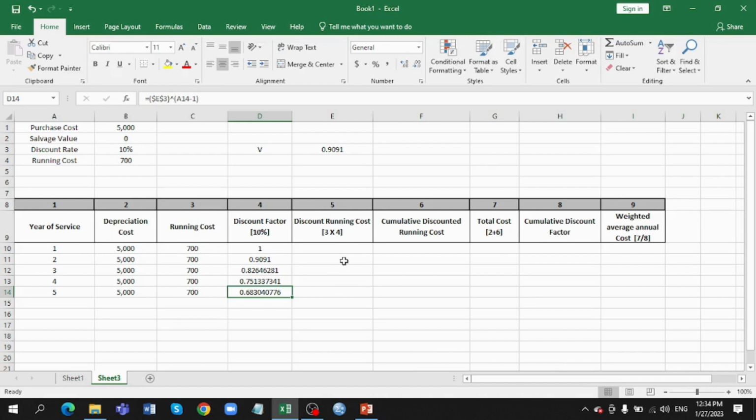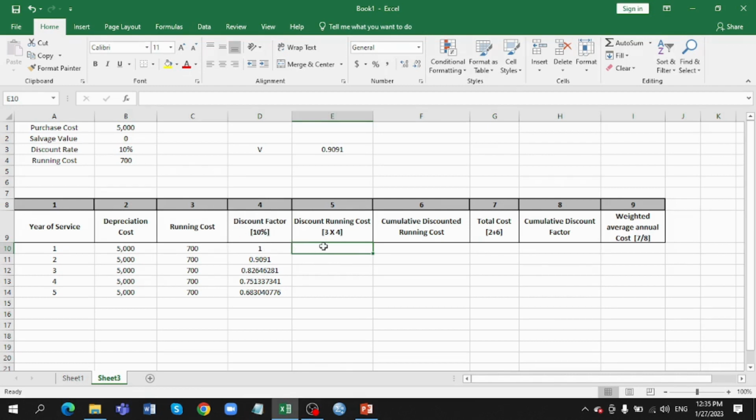Moving on to the fifth column, which is the discounted running cost. Now, as you can see, we have here 3 times 4. So 3 and 4 here represent the label of each column. 3 refers to the third column, while 4 is the fourth column. So 3 times 4 means that what's in column 3 will be multiplied by what's in column 4.